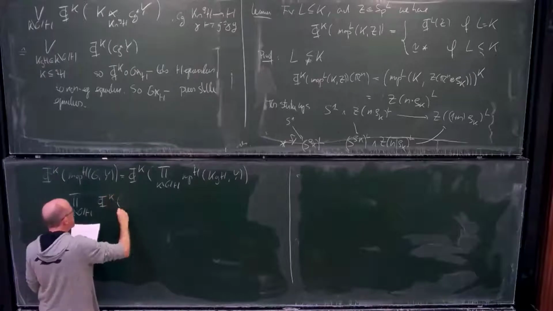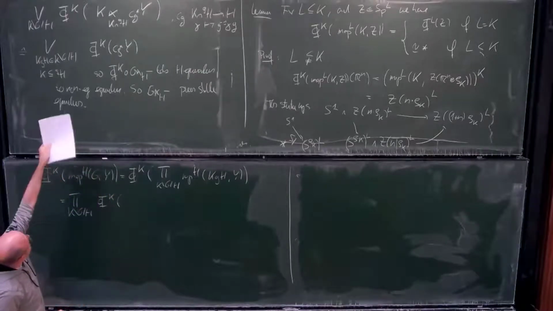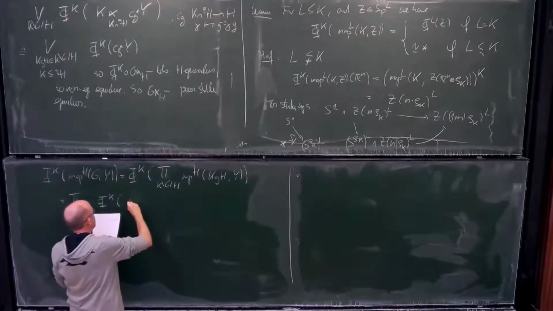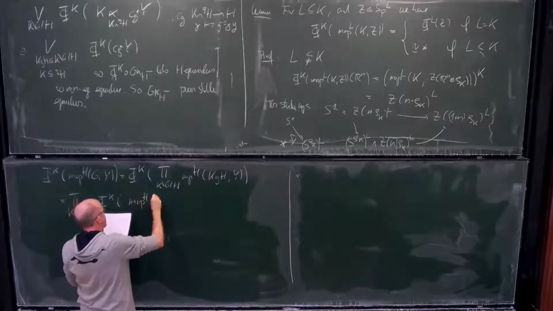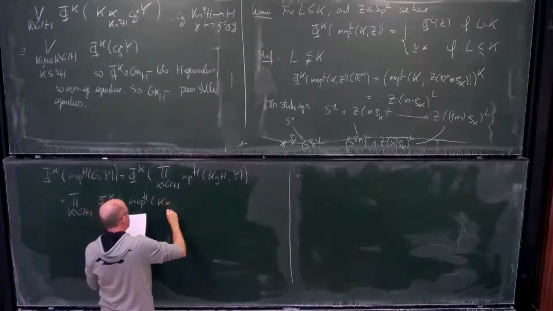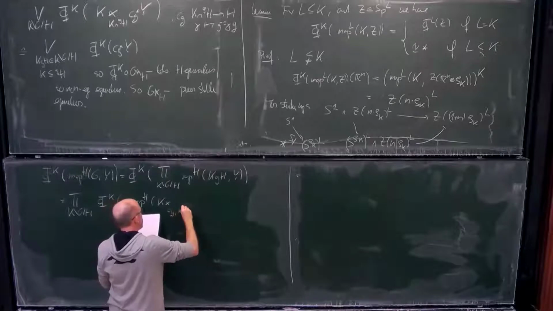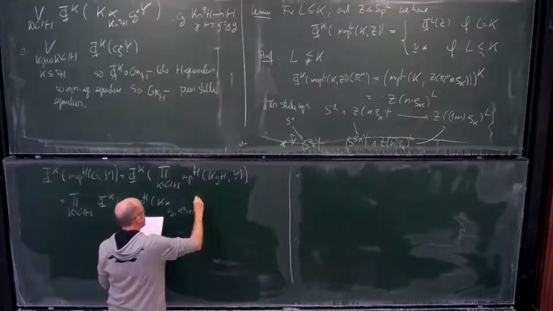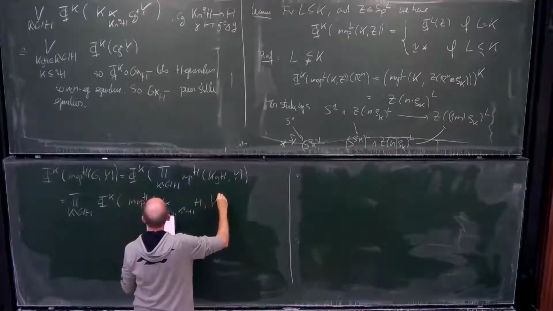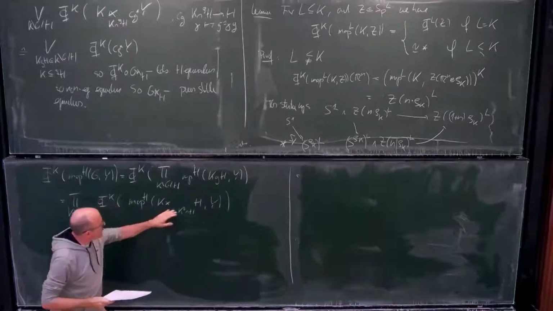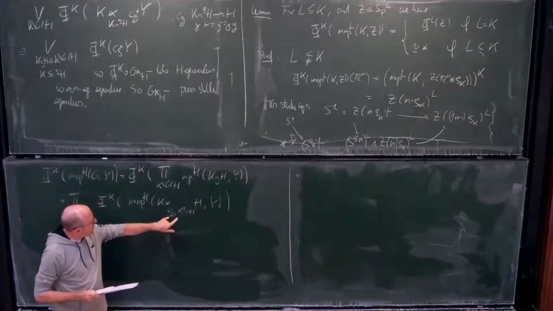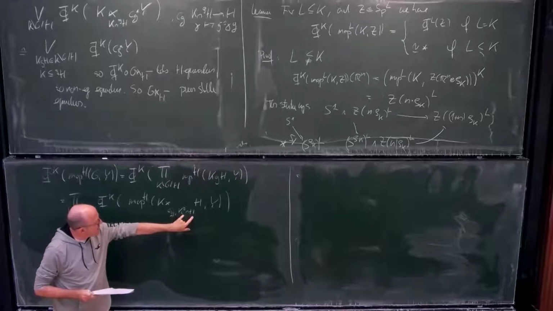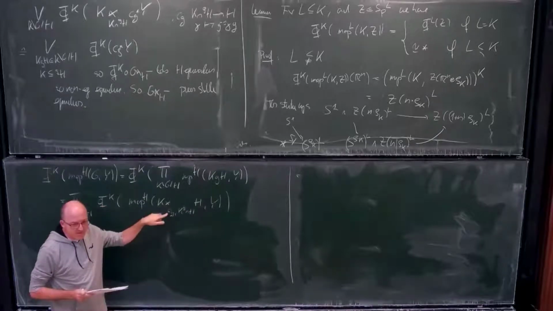Then I'm going to do the dual of the rewriting that I did up there in the left adjoint, and the dual form makes this come out as H-equivariant maps from K cross over, using the conjugation with g, smash H into Y. So this means I take K times H and I divide out the action of this subgroup, which acts via the inclusion here and via the conjugation here.